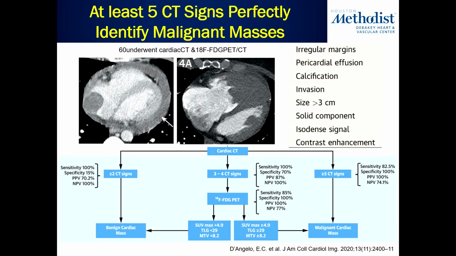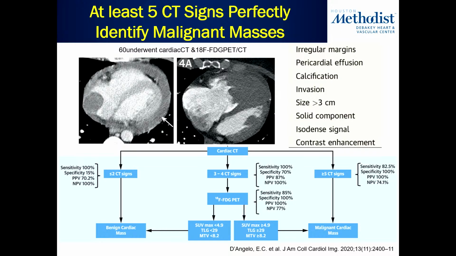In this particular study, they came up with a list of about 8 criteria: irregular margins, pericardial effusions, calcification, invasion, size greater than 3 centimeters, any solid component, isodense signal, and contrast enhancement. And they showed very nicely that if you have at least 5 or more of these signs, you really have a specificity of 100% for identifying a malignant mass.